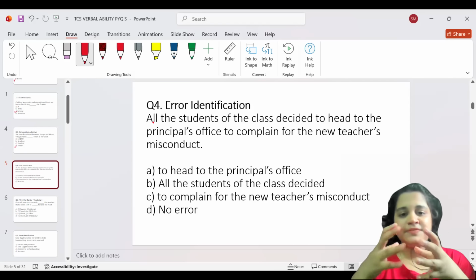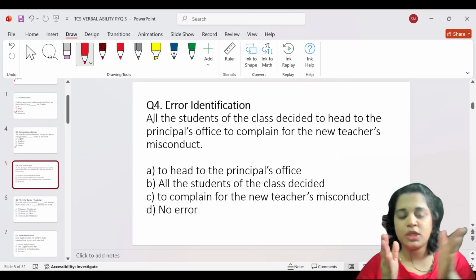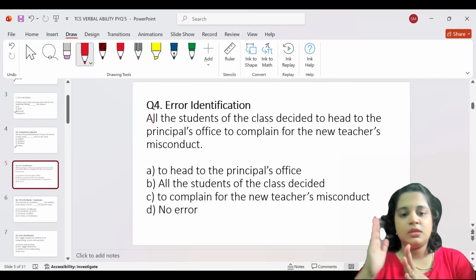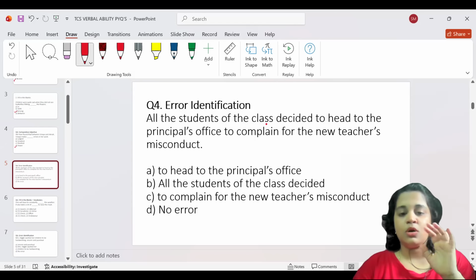So once you identify the subject, you can quickly check if the verb follows the subject, and consequently the object and the adjunct as well. So all the students of the class decided to head to the principal's office.